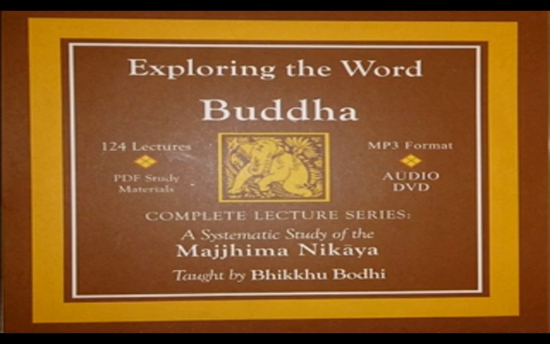Any other questions? Okay, then let us go on to right action. Right action follows very much the same pattern. Again, we have right view coming first, because one understands wrong action is wrong action, right action is right action.